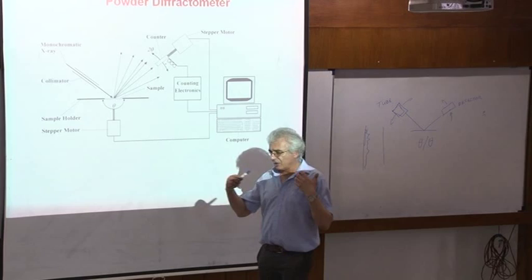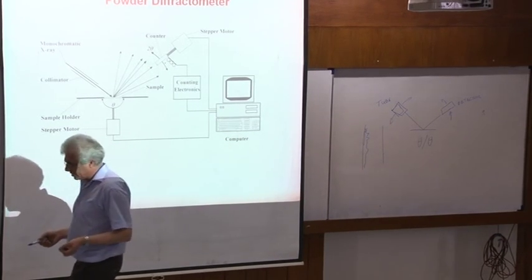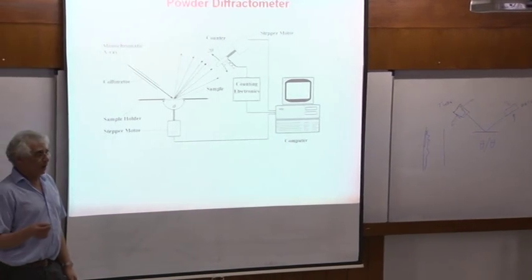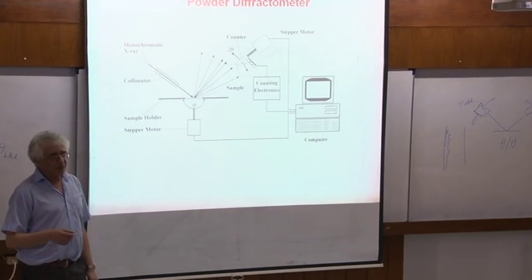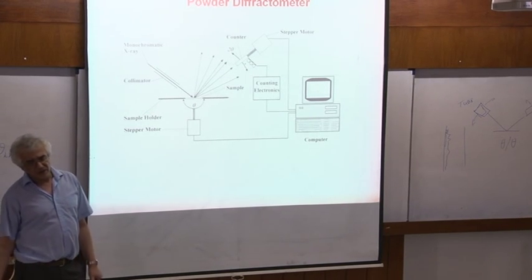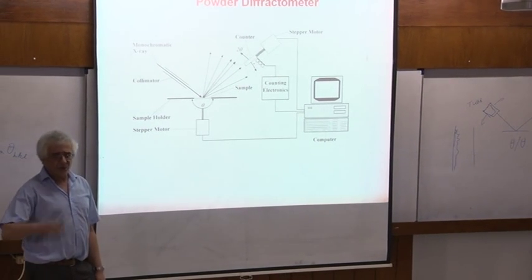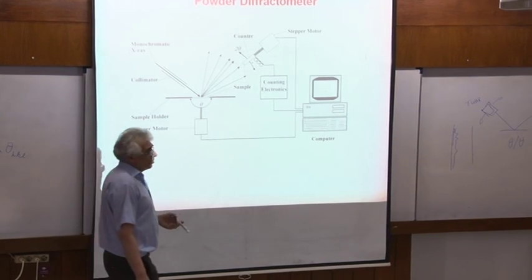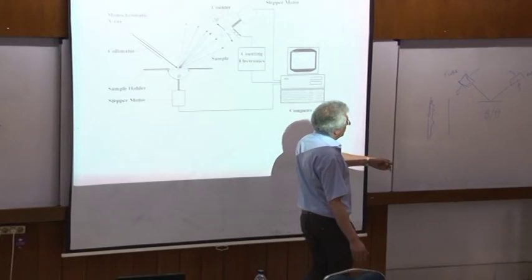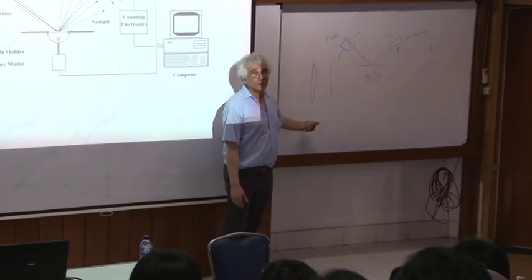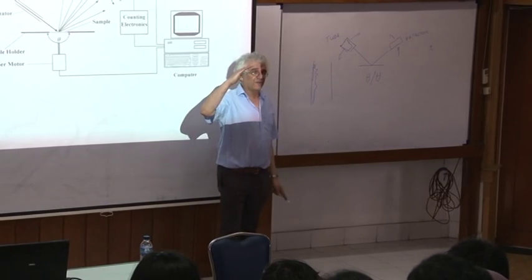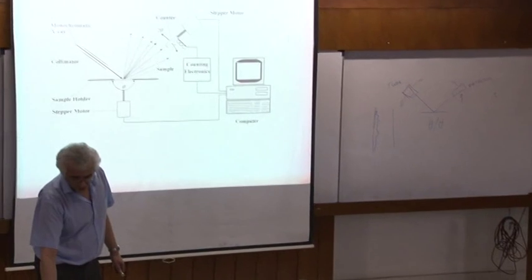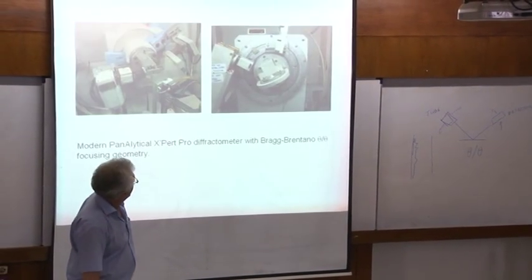There have been huge advances in detectors over the last few years, so that in the past I would be collecting data for, let's say, 2 or 3 hours to get a nice good diffraction pattern, whereas now on some detectors you can collect in a few minutes, a few seconds sometimes for the fixed angle detectors. So big advances in recent years there.